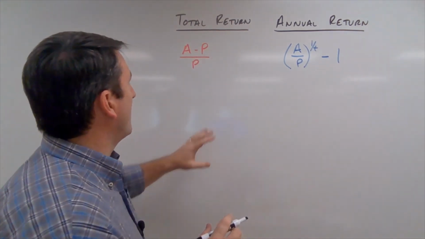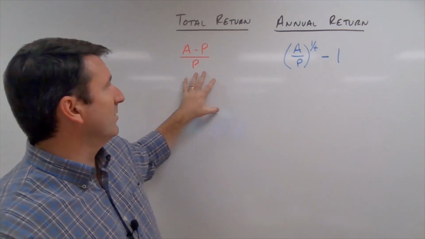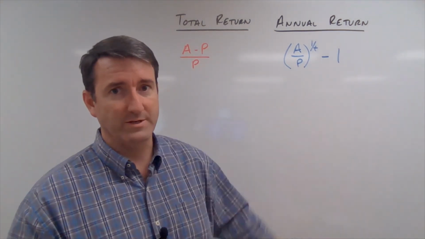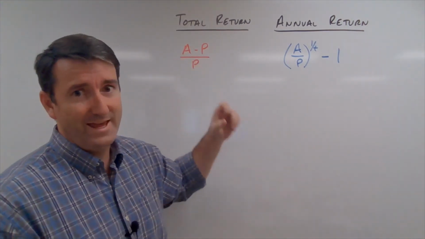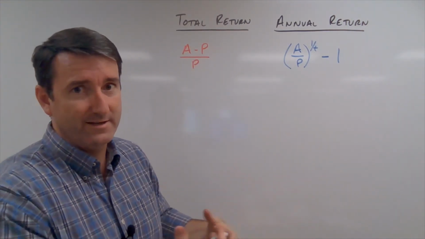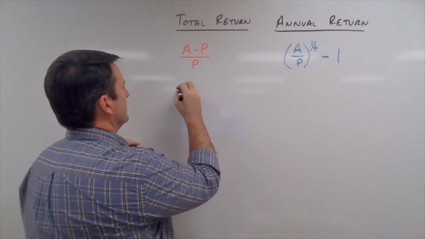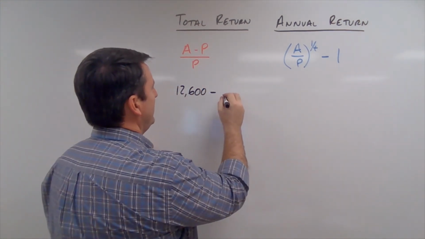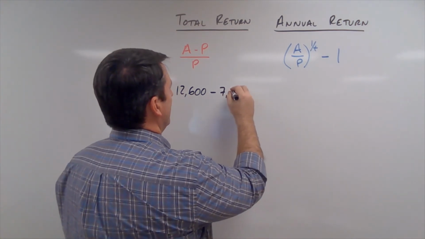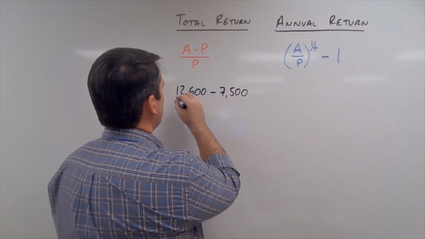So we have our formulas up here for total return and for annual return. Let's do the total return first. Our A, the amount we had at the end of this investment period, was $12,600. And the P was $7,500.